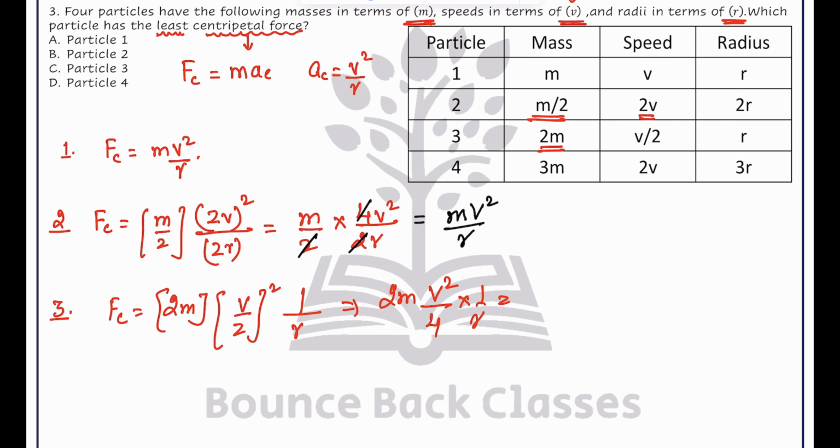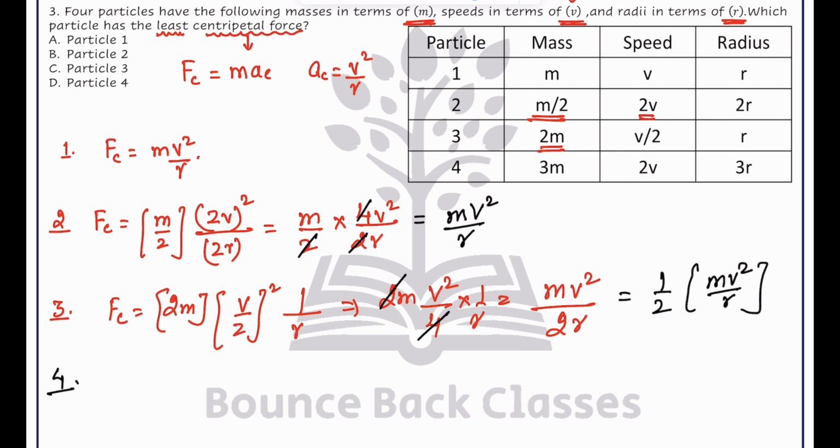So what I get is m v square over 2r. Yes or no? Because 2 and 4 cancel. So we get 1 over 2 times m v square over r. Clear, guys? Okay, 4th case, Fc. What is the value of m? 3m.